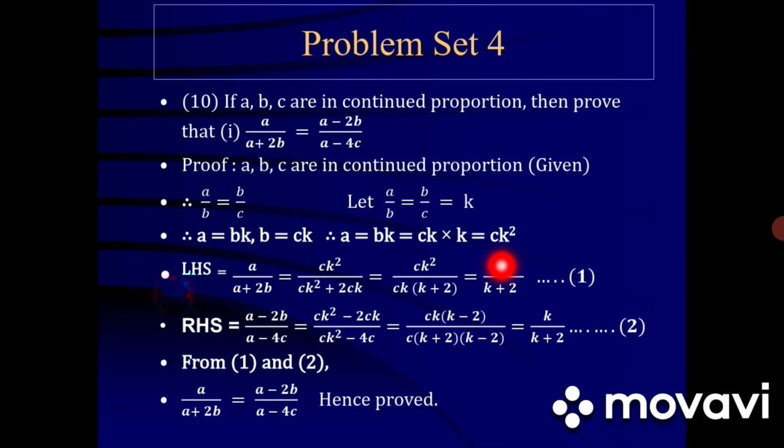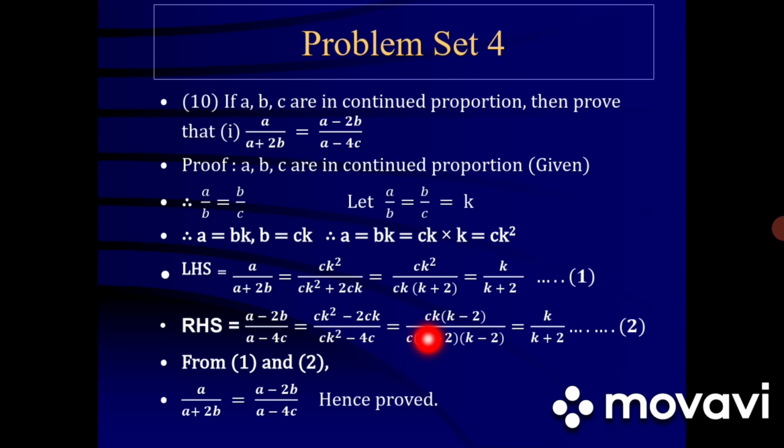That is equal to ck square. Left hand side is equal to a upon a plus 2b, and that is equal to ck square upon ck square plus 2ck. This is equal to ck square upon ck into k plus 2, that is equal to k upon k plus 2. Let this be 1. Right hand side is equal to a minus 2b upon a minus 4c. Substituting the value of a, which is ck square, and b, which is ck, we get ck square minus 2ck upon ck square minus 4c.